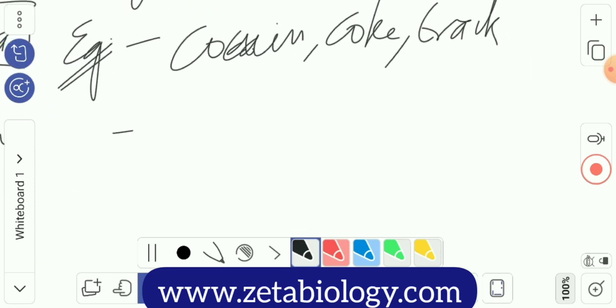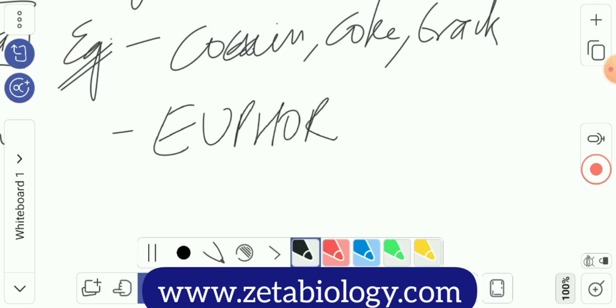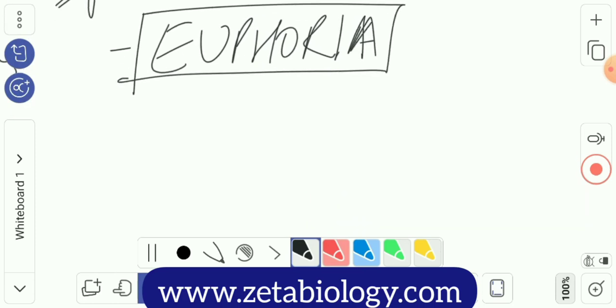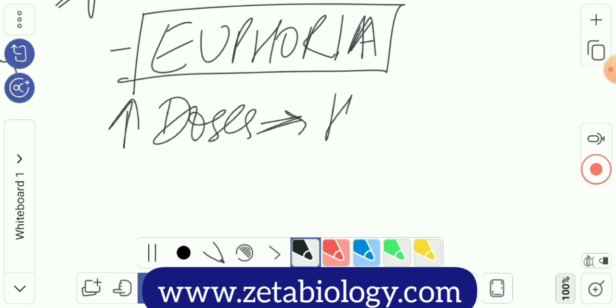Now, the feelings that this particular category of drugs produce are euphoria, and if taken in high doses, it causes hallucination.